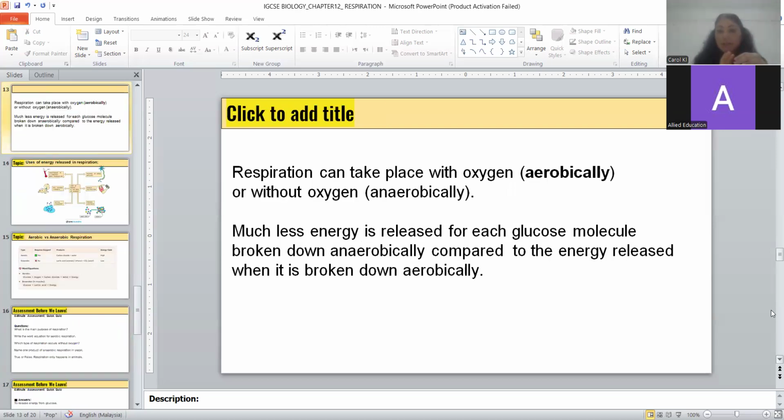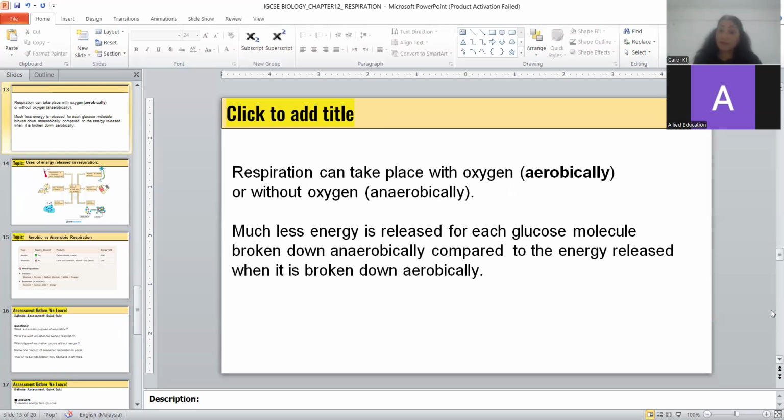So there are two types of respiration, either aerobic or anaerobic. Aerobic means that it actually involves oxygen to break the bonds of the glucose. But by this way, we have more ATP, or energy, being released.